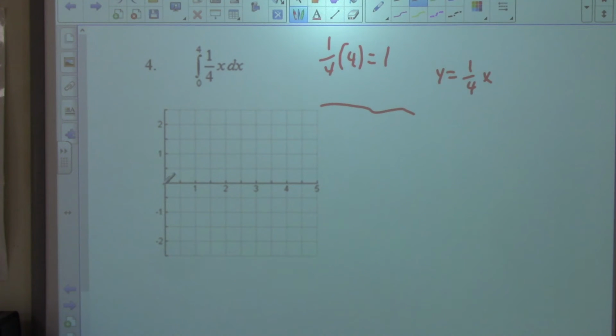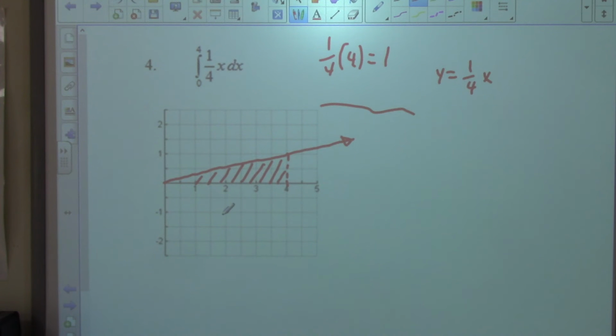And so what we're doing here is we have rise over run of 1 over 4, right? So like this. So here we have y equals 1/4 x, and then we have this area here. What area of thing do we have here? A triangle, right?